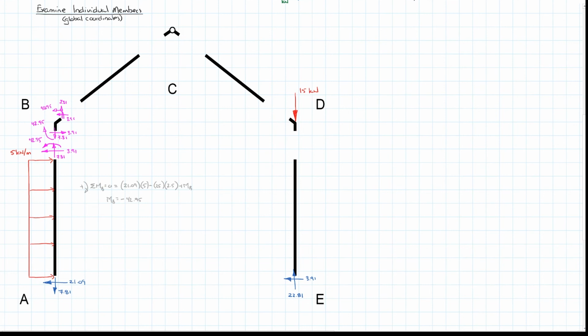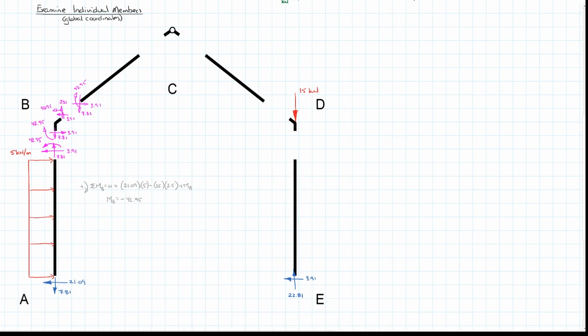And from that joint, then, we're going to apply them to the left end over here. So we have our moment of 42.95. We have our horizontal force of 3.91 going to the right. And we have our vertical force of 7.81 going down.